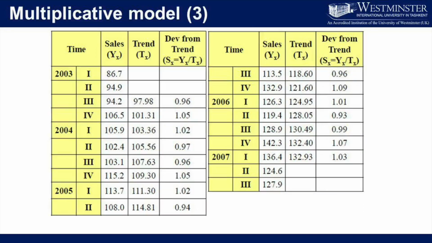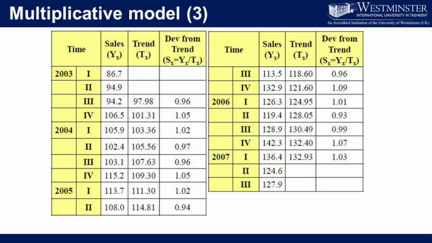All right, to find the deviation from trend, you divide y by t, the actual data by the trend. Okay, and you get these deviations from trend.